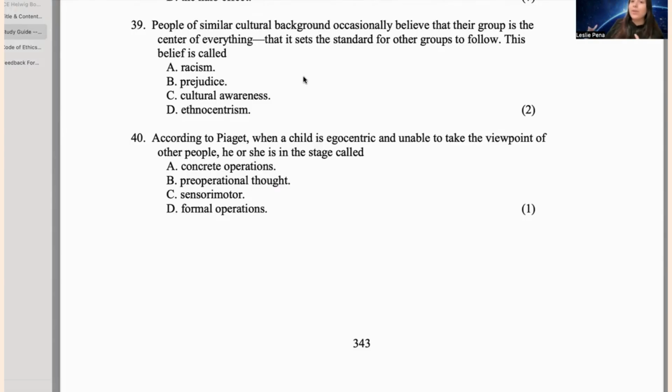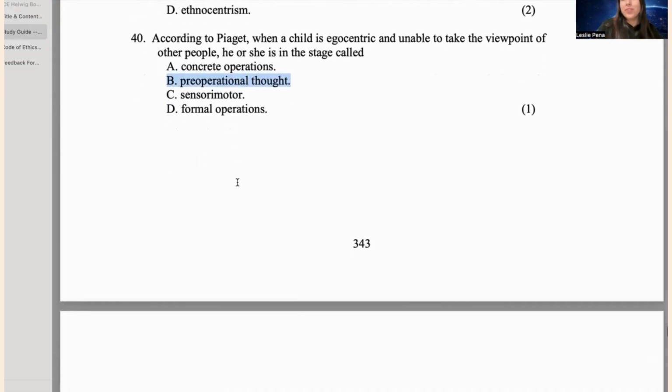I would remember looking up at the sky and just being like, these are my friends. They follow me everywhere I go. Very egocentric thinking, right? This is also before I can think abstractly, before I can come to concrete ideas and facts and logic, right? I'm probably still believing in Santa and stuff. So this is before I'm operational, making that the answer. B, pre-operational thought.